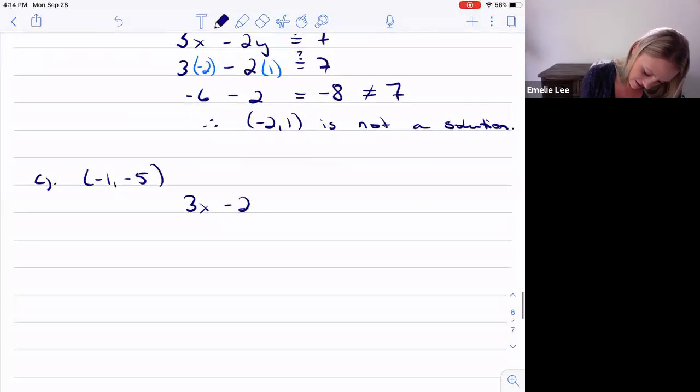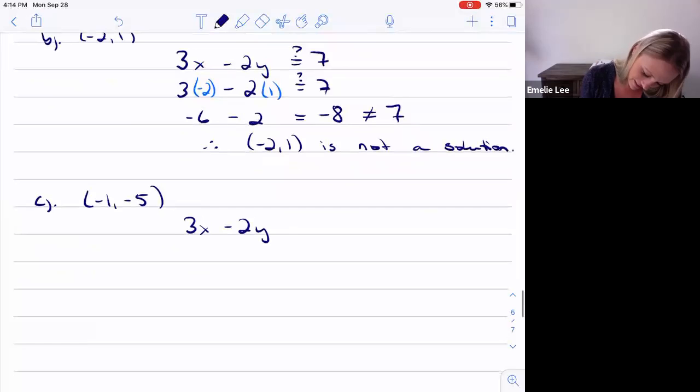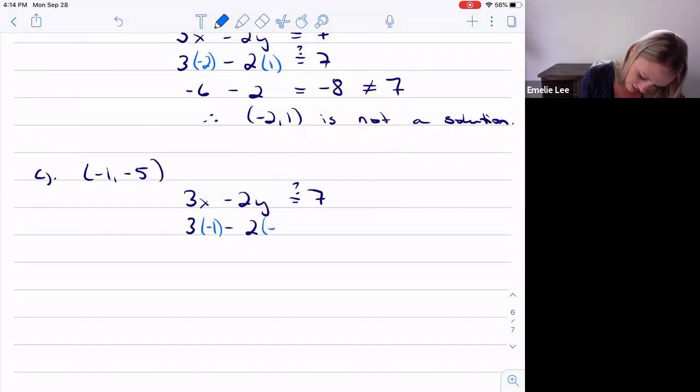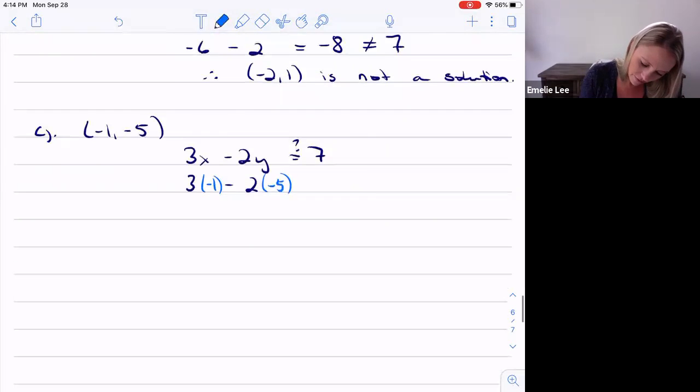3x minus 2y, does it equal 7 if x is negative 1 and y is negative 5? 3 times negative 1, minus 2 times negative 5. Does it equal 7?